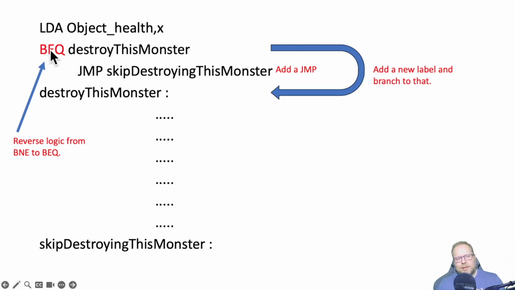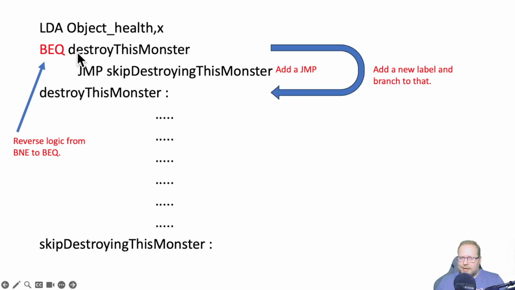Create a new label that I can branch to, because that's right below, so it's no problem at all.